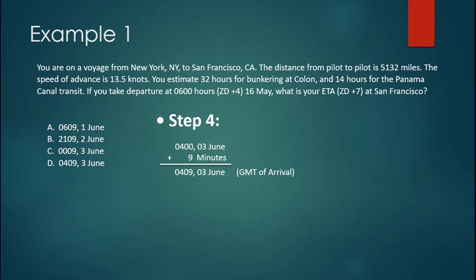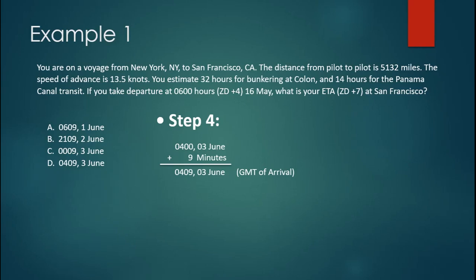And now we need to convert that to local time at San Francisco. Now, up until now, we've always converted local time to Greenwich Mean Time, where you add west longitude and subtract east longitude. Here, when we are converting from Greenwich back to local, we do just the opposite.